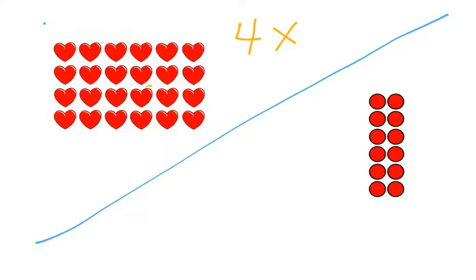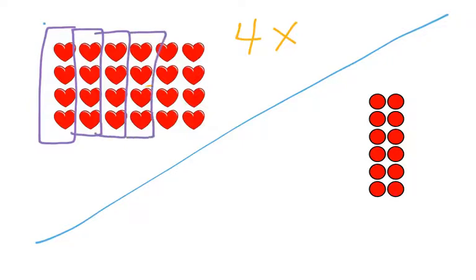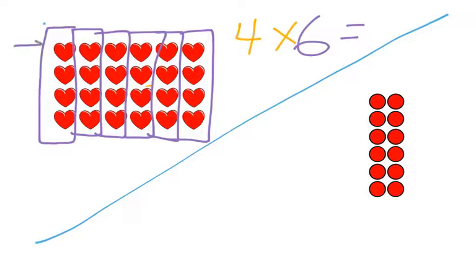Now we're going to look at our columns, and we have 1, 2, 3, 4, 5, 6 columns. So 4 rows going across, and 6 columns, that's what's going down from top to bottom. That is 4 times 6.